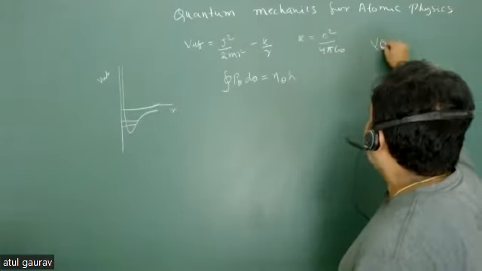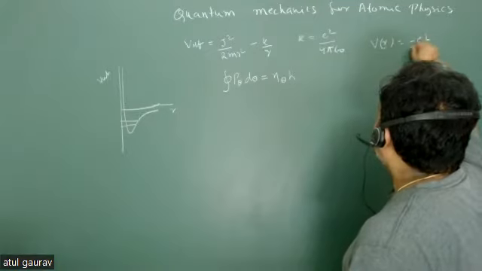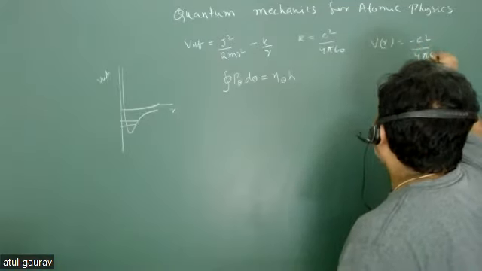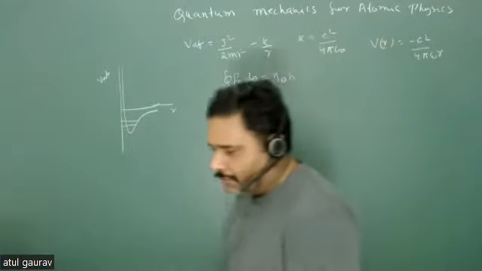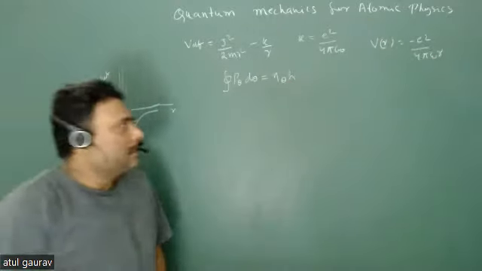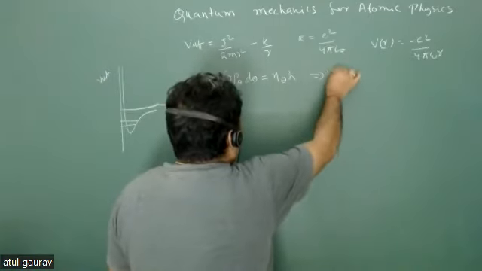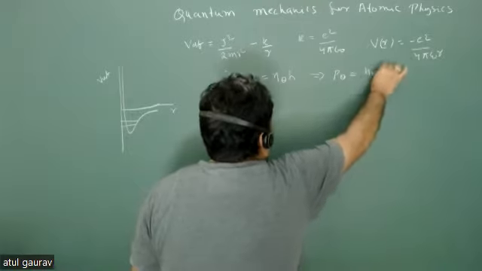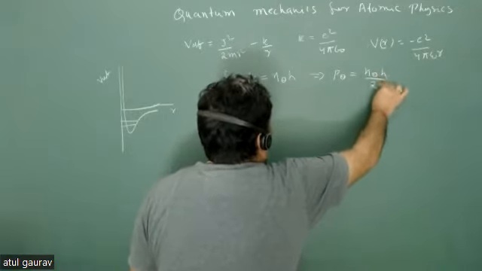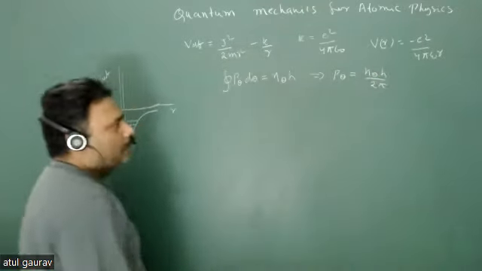And we know that P theta is a constant of motion, because this is just a central potential. V(r) is nothing but minus e square over 4 pi epsilon naught r. So yes, there is conservation of angular momentum, and P theta can be calculated as n theta h upon 2 pi. This is your P theta.